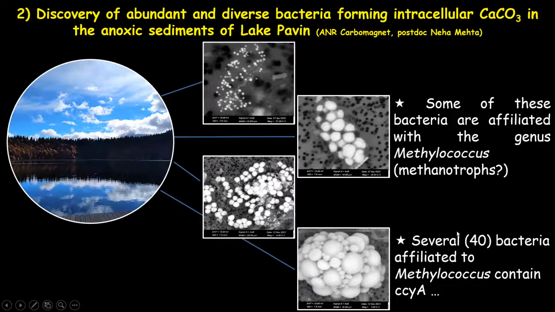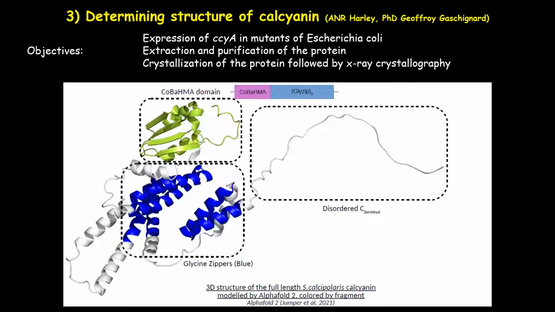And the funny thing is that Maxime, by running his tool, was showing that numerous bacteria affiliated to Methylococcus contain CCYA, the calcyanine gene. Okay, and I can assure you that genera in bacteria, there are many. So it looks like not a coincidental thing.